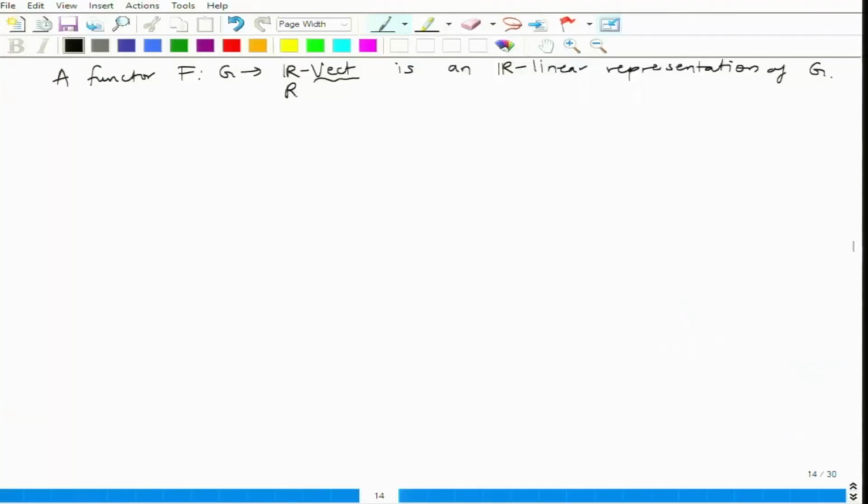If you change it with any ring R and then mod, then again it's called an R linear representation. So representation theory is the study of some functors.